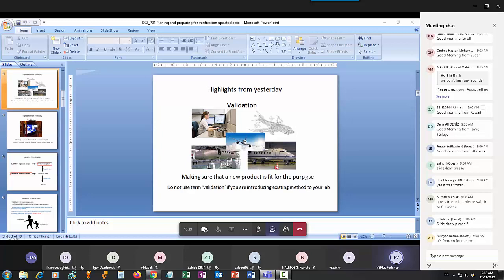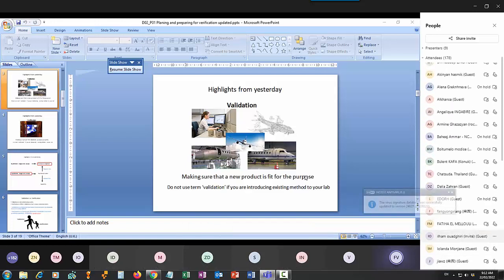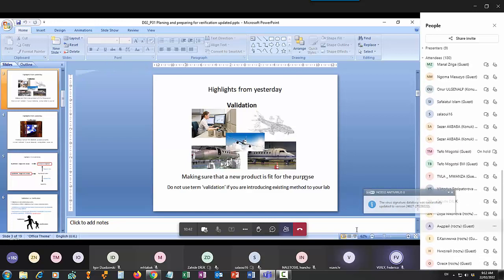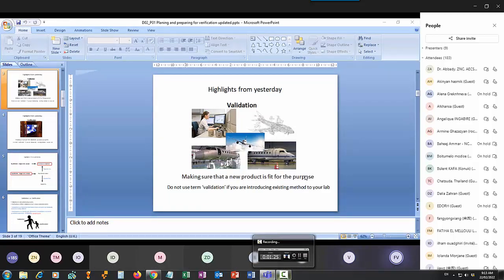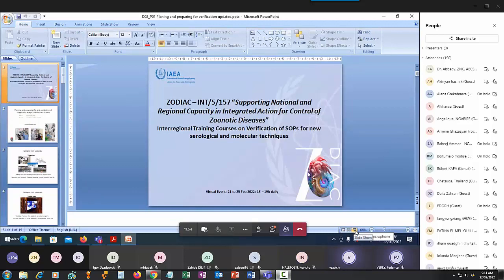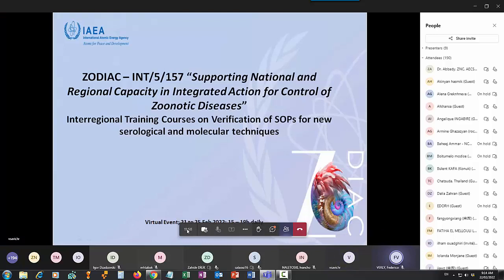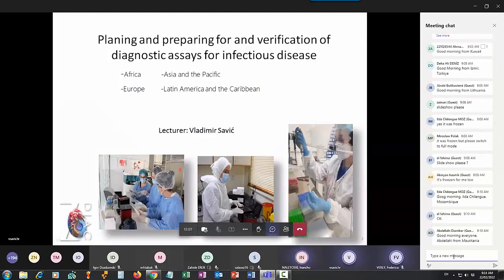It's not yet a slideshow, but I see that on your screen it's opening up, right? What I see now is the full screen mode. I can try it again. Let me know when it is okay. It is still not in full screen. It's just a slide within PowerPoint. Okay, let me close it. Is it okay now? Yes, it looks okay now. Yes, that's good. Thank you. Thank you. Sorry for the inconvenience.